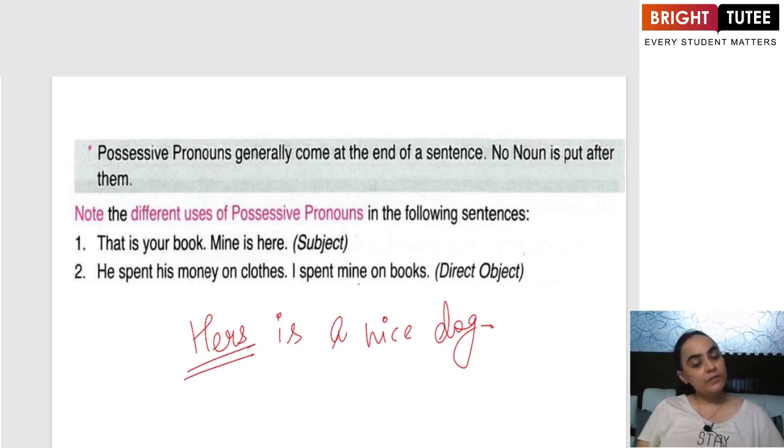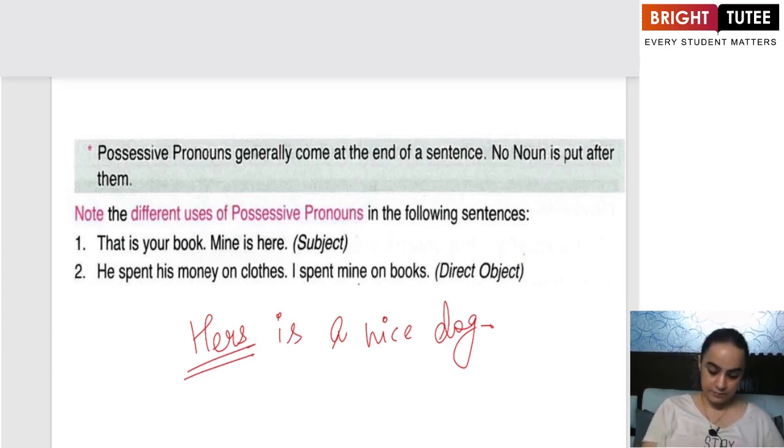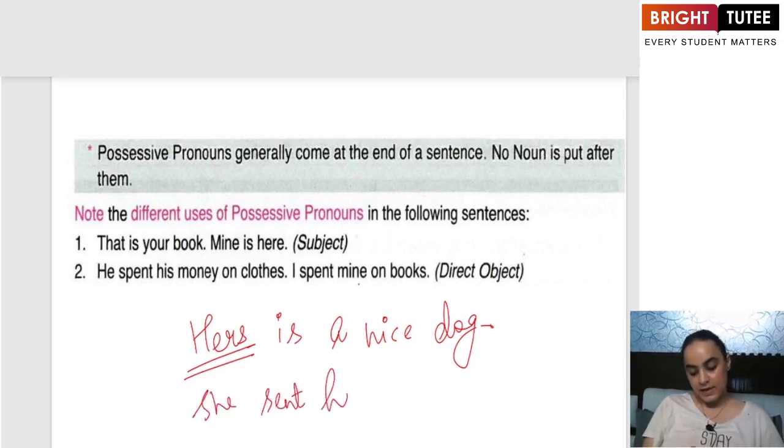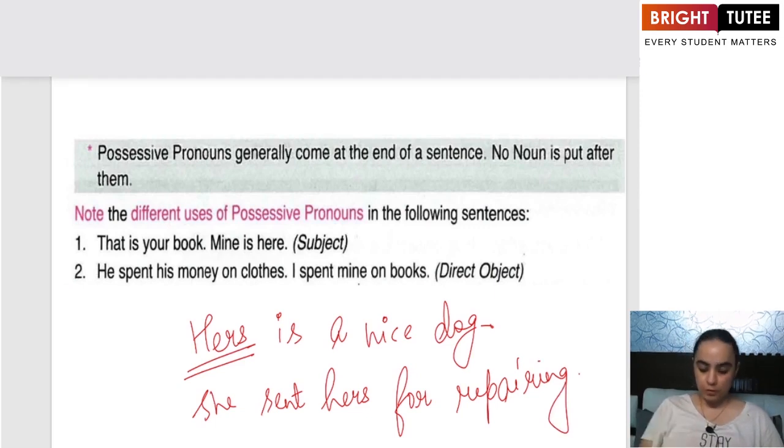It is even used as an object, a direct object, if I say, for example, she sent hers for repairing. If you look at these two sentences, here the possessive pronoun is not used at the end.